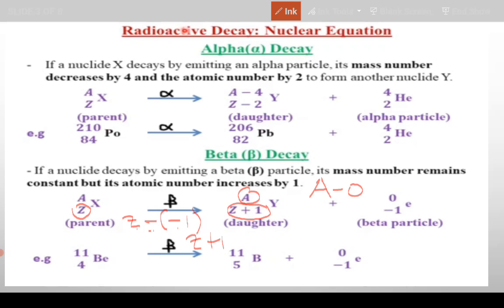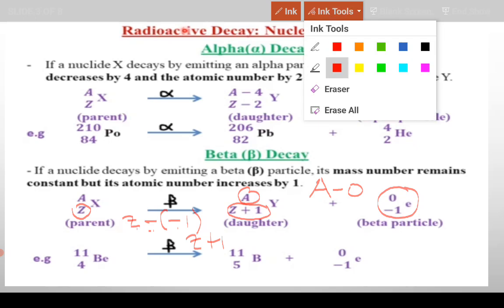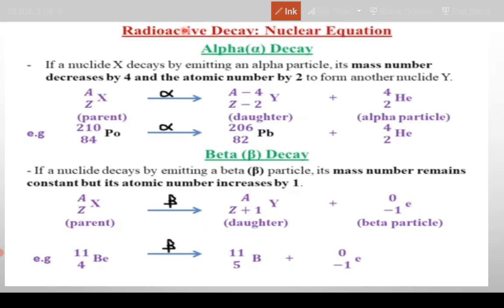Also, don't forget to add at the end the beta particle with its mass and the charge shown, such that the equation becomes balanced. So if you take the A on the new element, the mass, add 0, it will give you back the original mass.